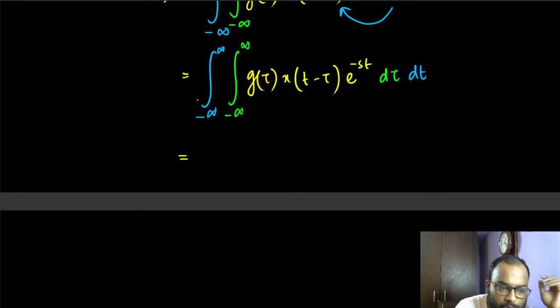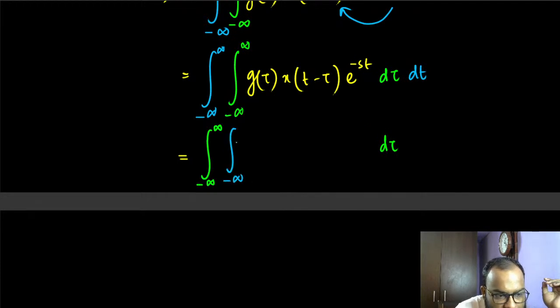This would happen under certain conditions. This does not always happen. There are situations under which this won't happen, but in this particular scenario, this can happen. So what we are doing is changing the order of integration. We are doing the green integration first, with respect to tau, and then the blue integration with respect to t.